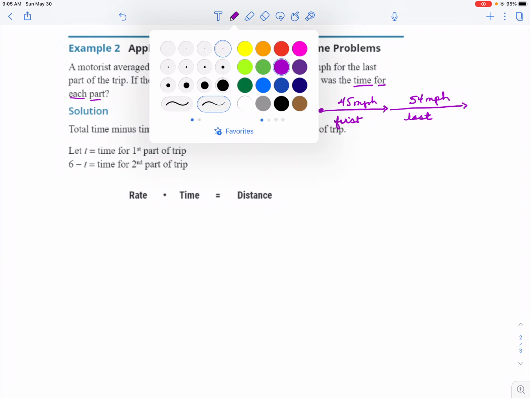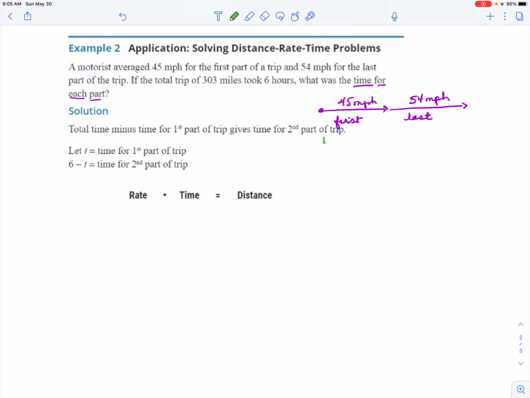The total distance that she covers here is 303 miles. So that's my total. And the total time is 6 hours from beginning to end. All right, so there's my sketch to kind of help me get organized.